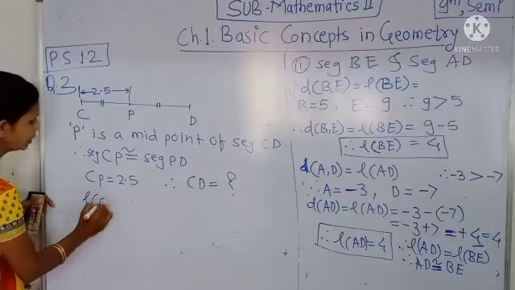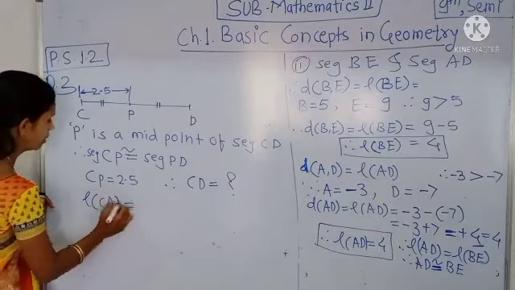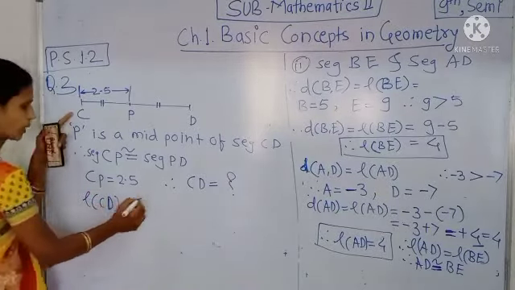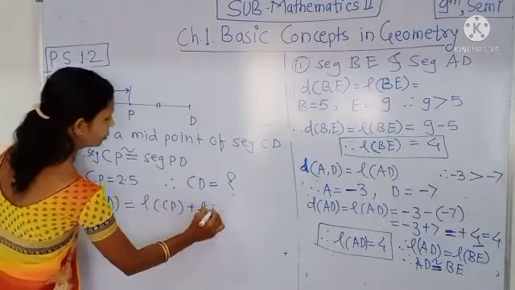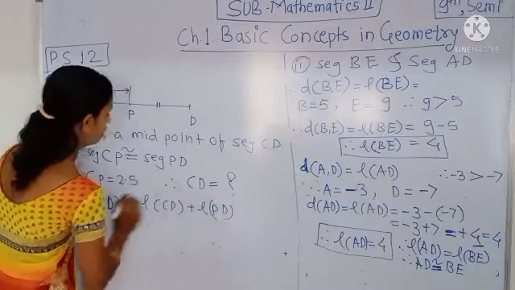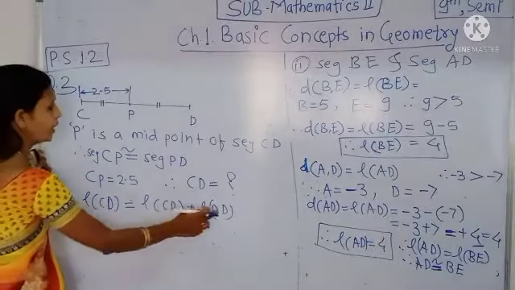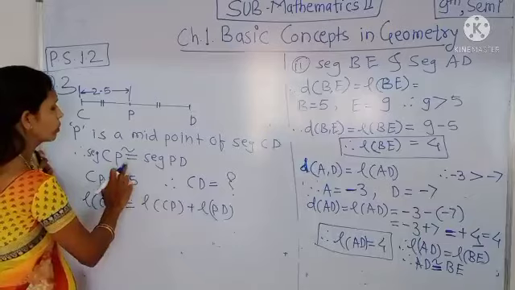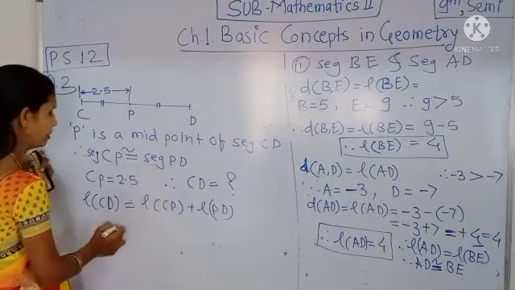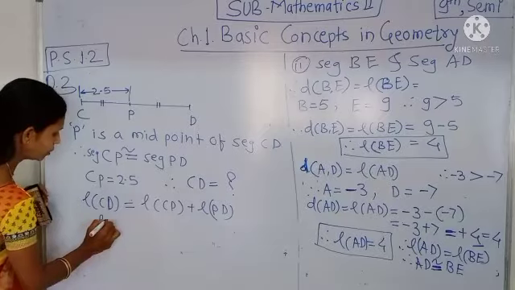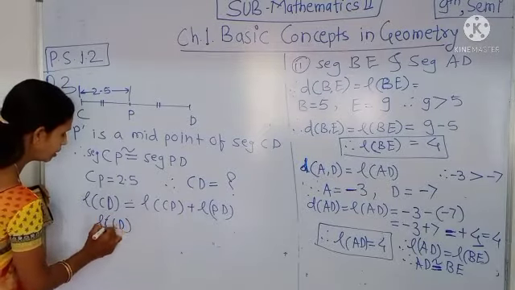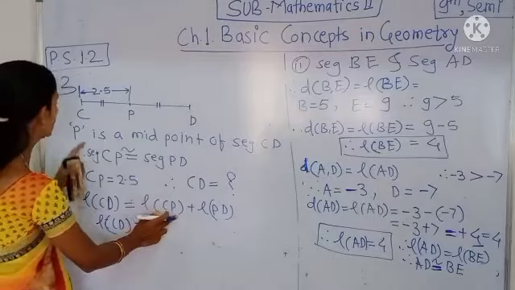Here length of CD is equal to length of CP plus length of PD, and CP and PD are congruent segments.